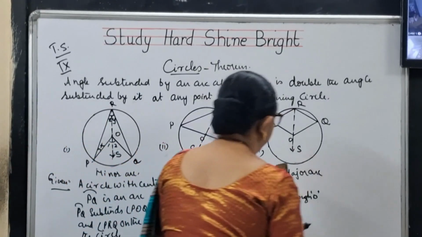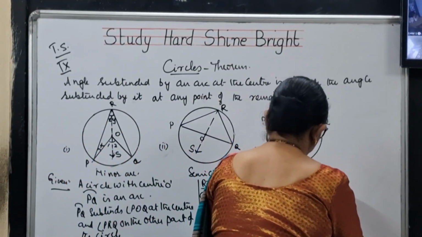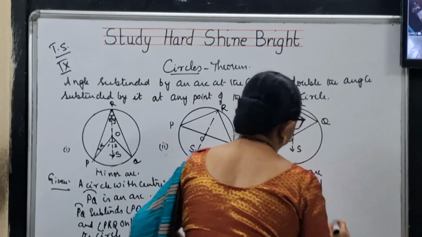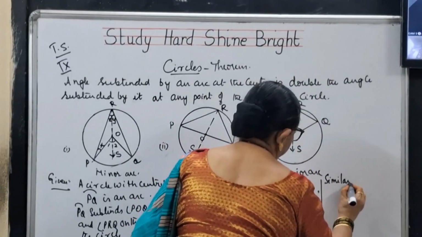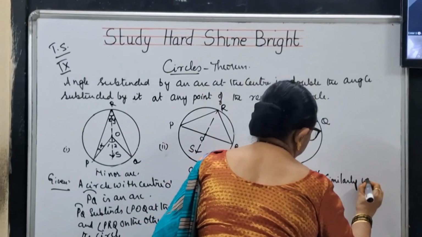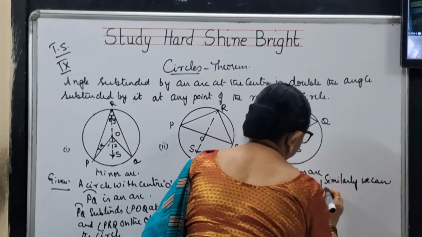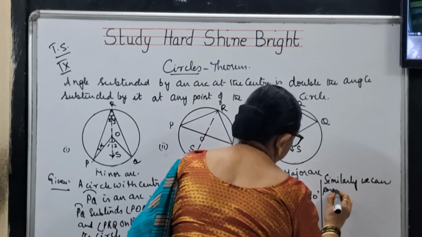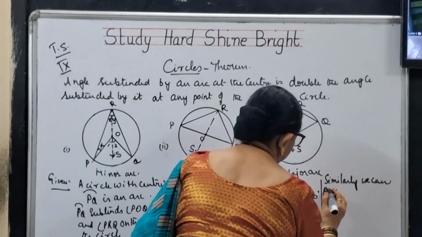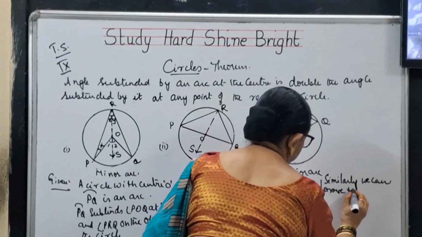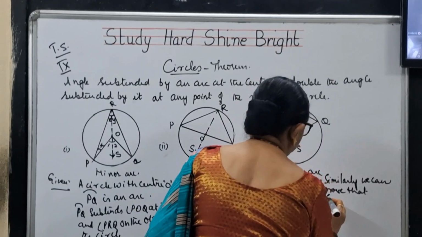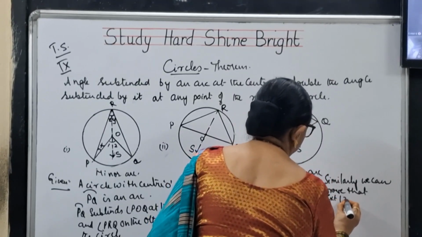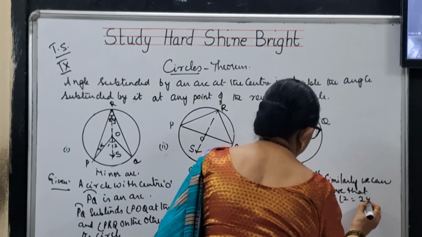So similarly, we can prove that exterior angle 2 is equal to 2y.